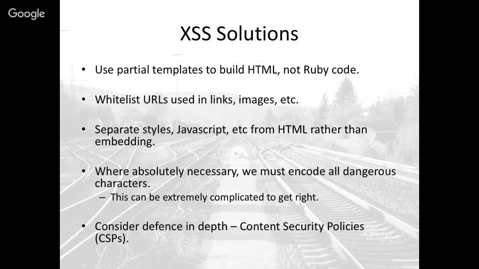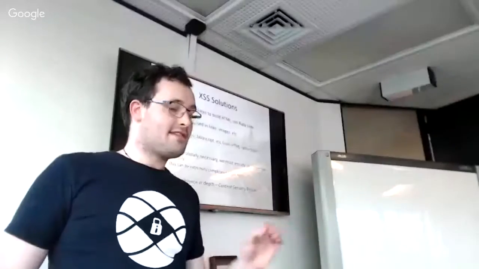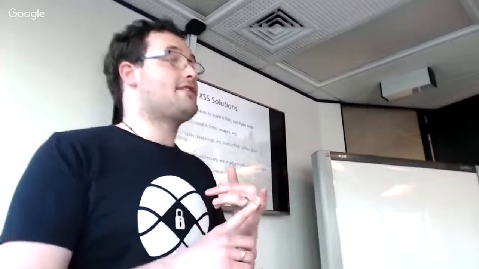That takes a lot of experience in what is and is not vulnerable. But you also have to consider what does and does not actually work, which is often a different thing. And again, we like to push defense in depth as a strategy. Please don't rely just on, I'm going to get this right everywhere. I really want people to consider using content security policies. Now, these are just a header that you can include in all of the responses from your web server, and they say, please ban the use of eval in JavaScript.